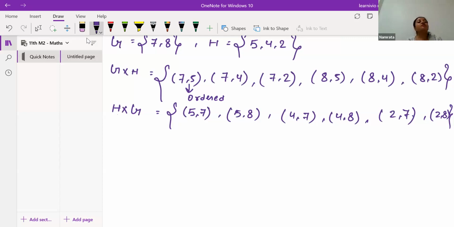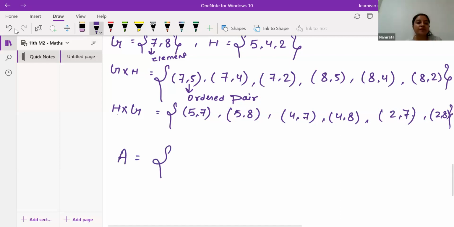When we were talking about sets, it was called an element or object of the set, and here we will say ordered pair of the given sets. So you will be able to find the Cartesian product of any two given sets. Now, suppose set A is having, let's take the above example only.